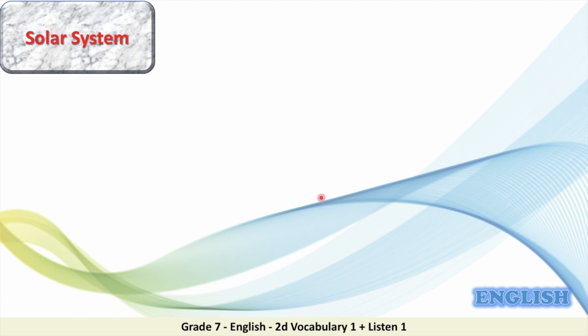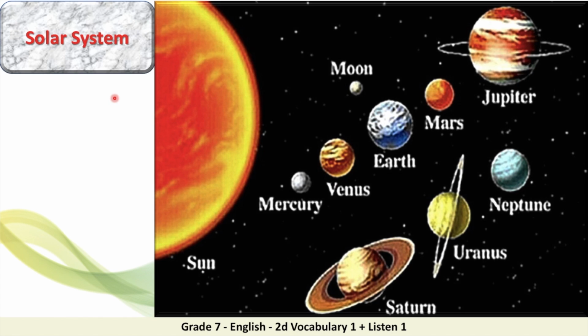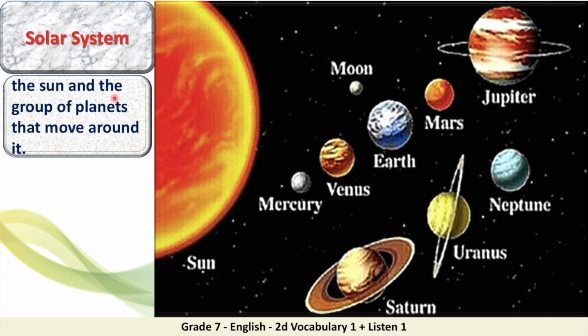Can you please read this? Solar system. What does solar system mean? This is our solar system, which is the sun and the group of planets that move around it.